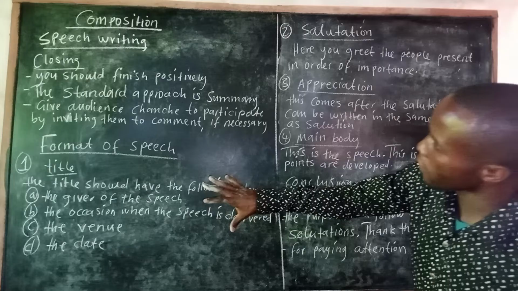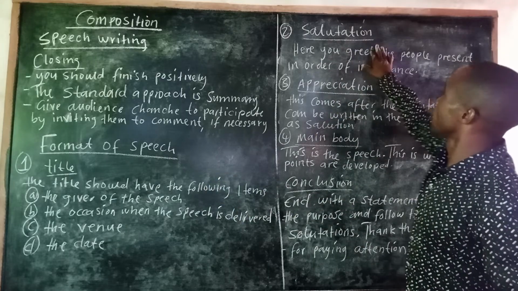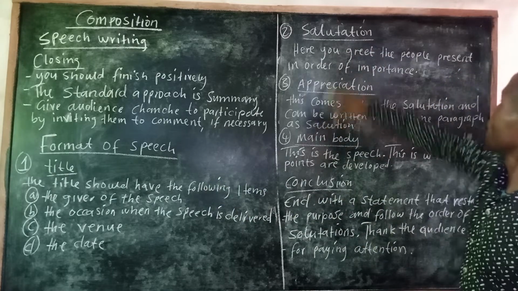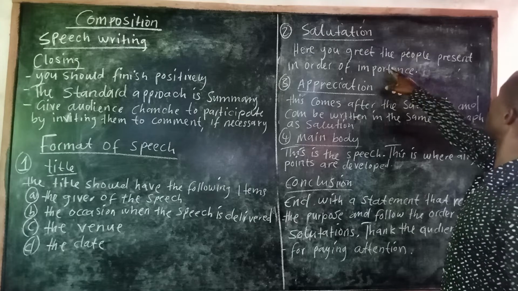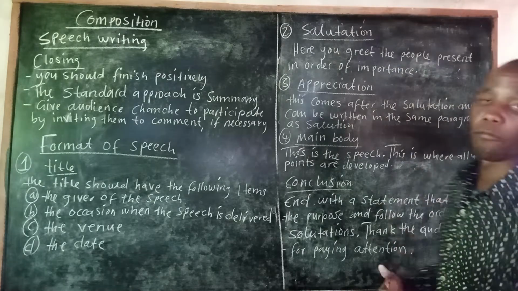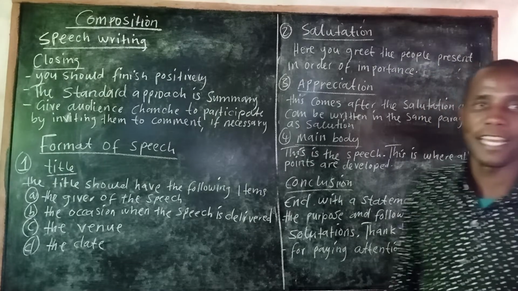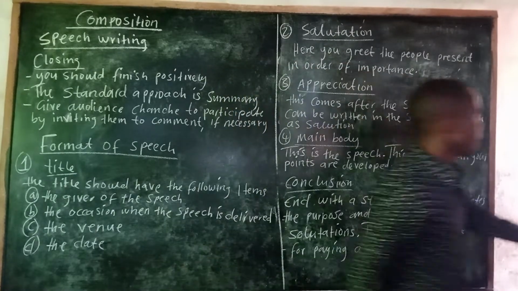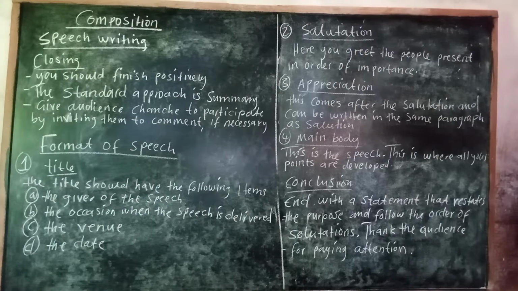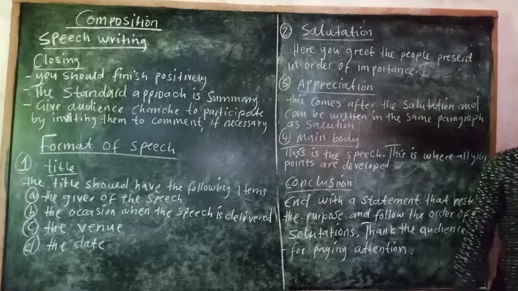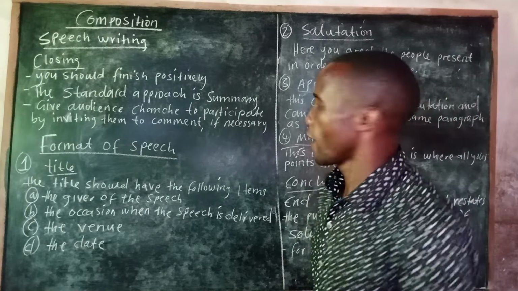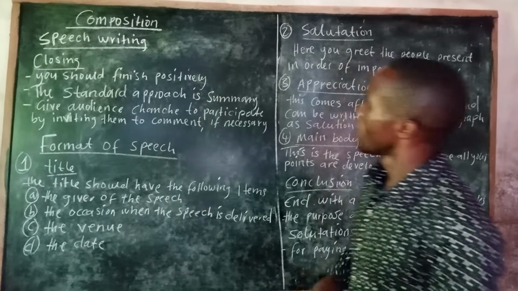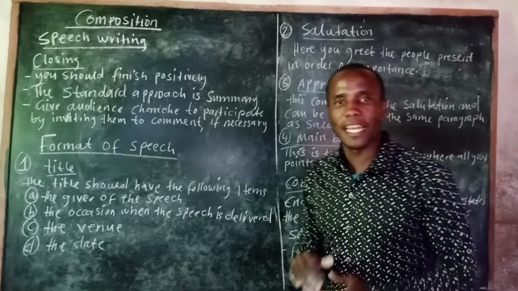Then second, you go to salutation. On salutation, here you greet the people present in order of importance. Okay? You first of all start with the most important person. Then from there, you go to the next one, just like that.